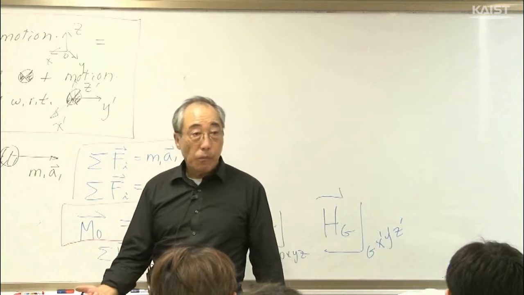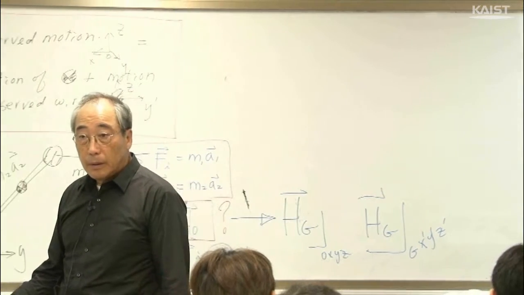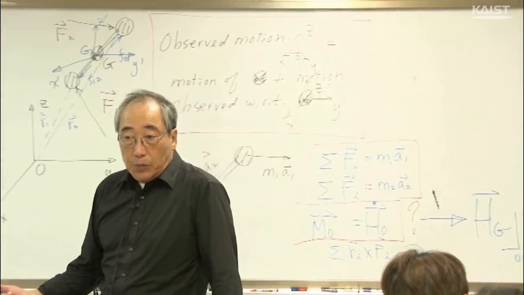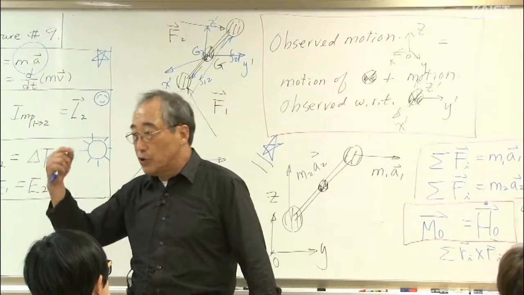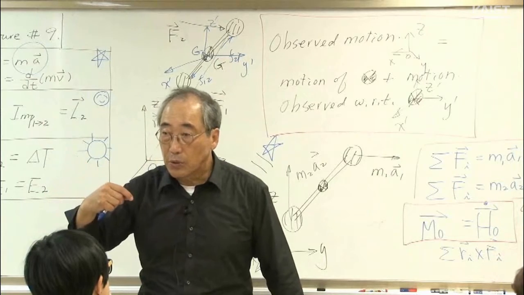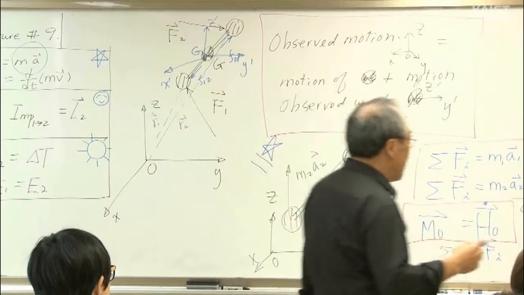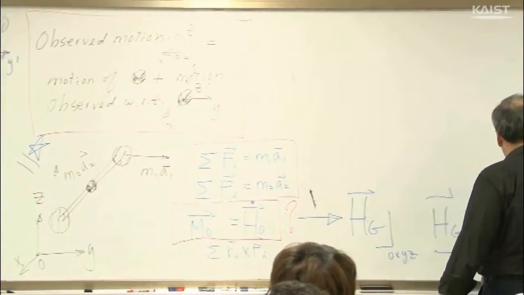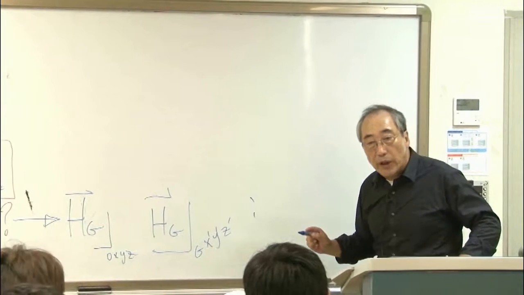Yeah, because a vector has to be measured with respect to a certain coordinate. Right? This is pretty much related with the relative coordinate we already learned.